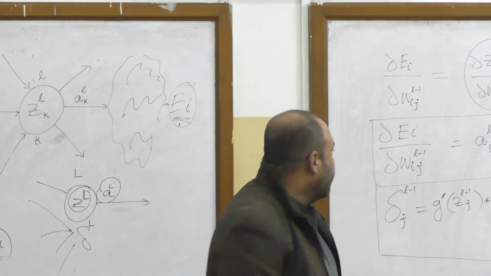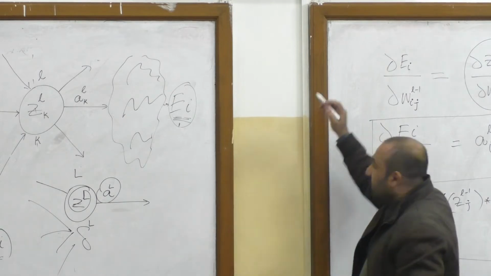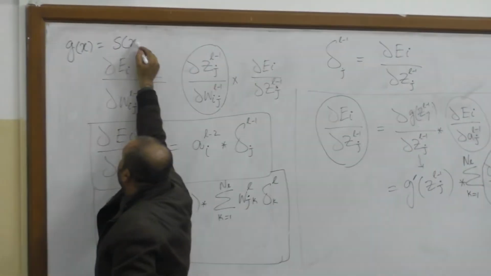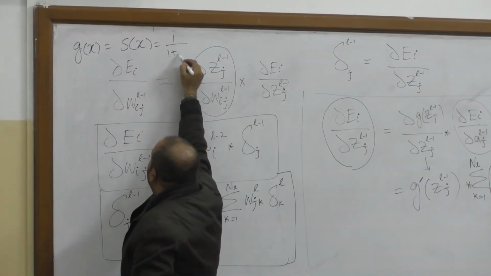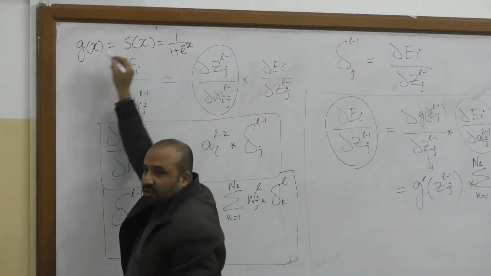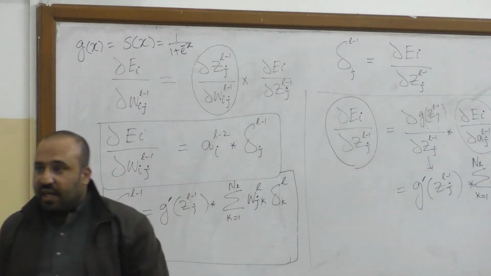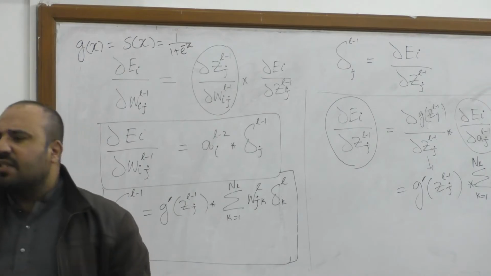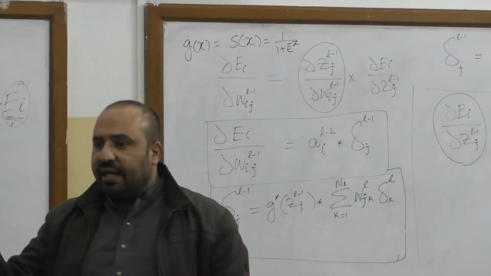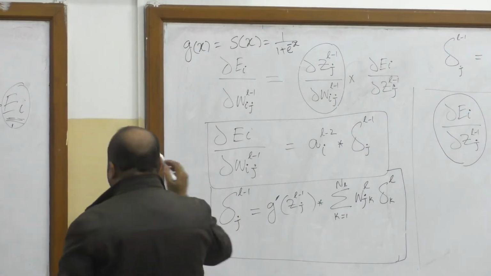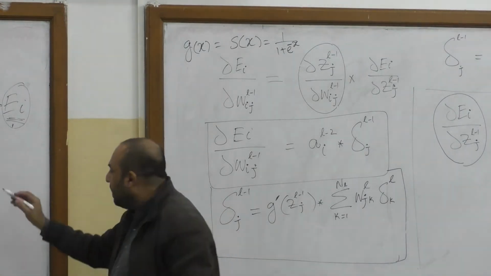The most common choice of G is the sigmoid. I will talk about variants of G later. The other G function is tanh, hyperbolic tangent. It has some better properties than this. And so far the best is ReLU, which is called rectified linear.